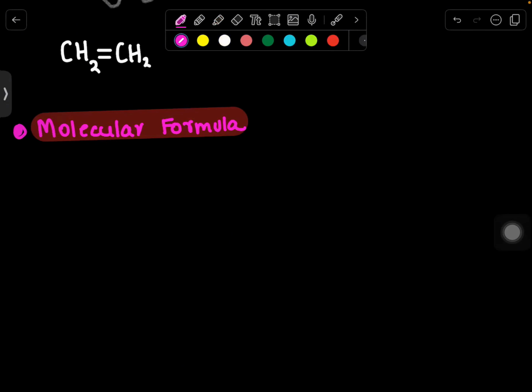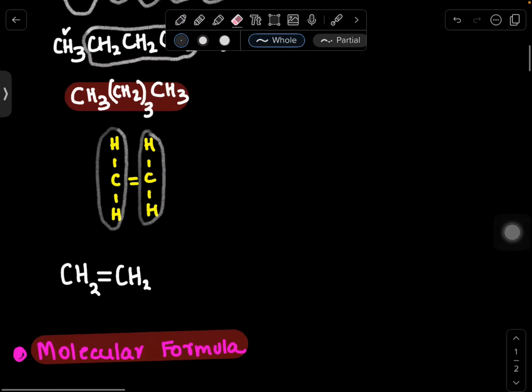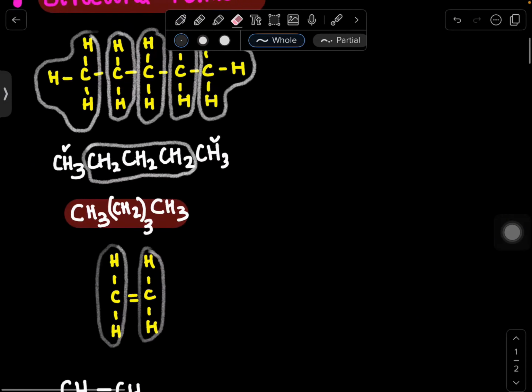For example, if there is a compound that has carbons and hydrogens present, and there's 4 carbons and 10 hydrogens, then your molecular formula will look like this. C4H10.